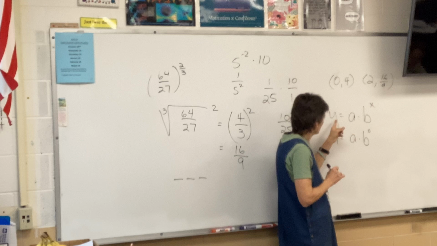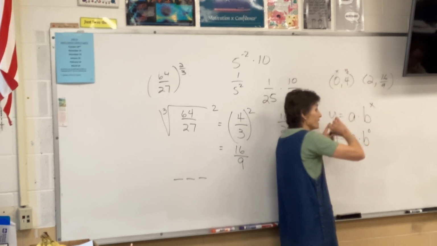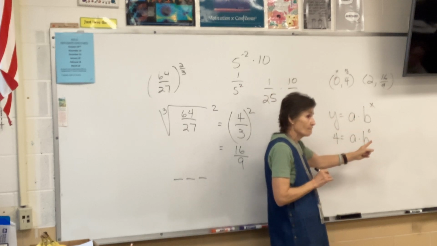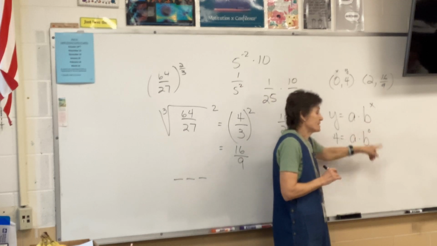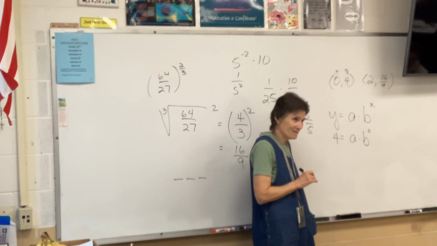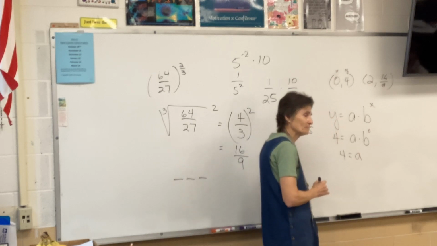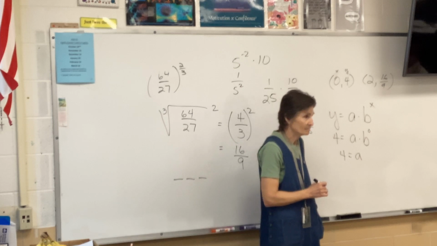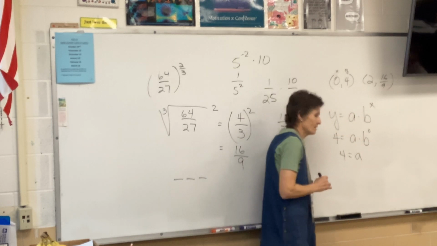Now, when I put 4 in for Y, remember these points are X comma Y. So 4 in for Y, 0 in for X. Okay? What's B to the 0th? 1. So doesn't this just say A equals 4? Do you remember that always happening? That always happens?